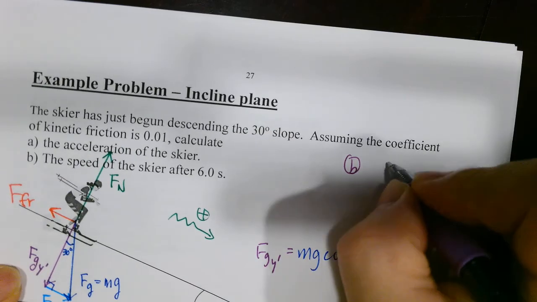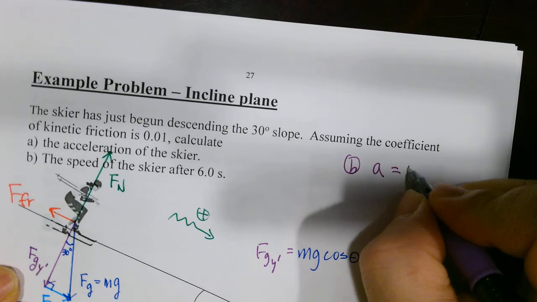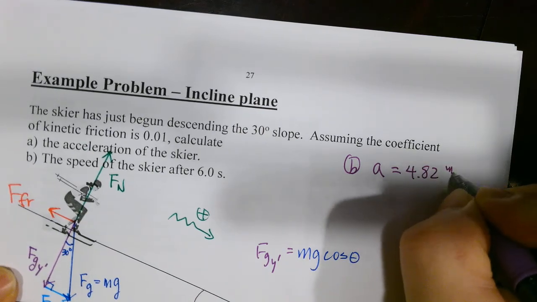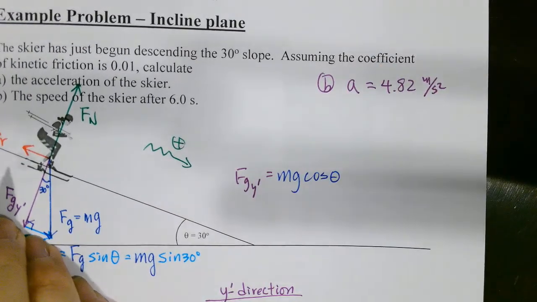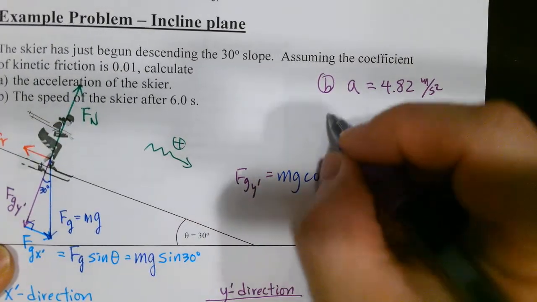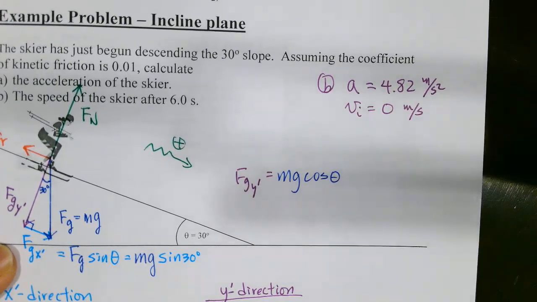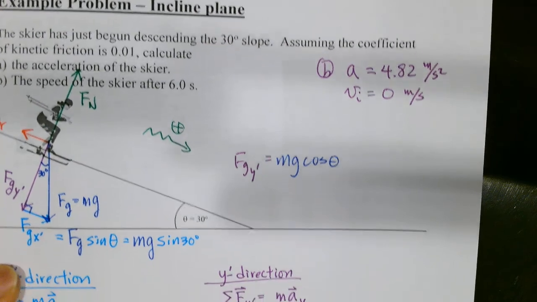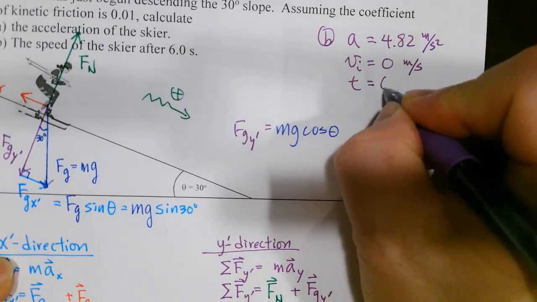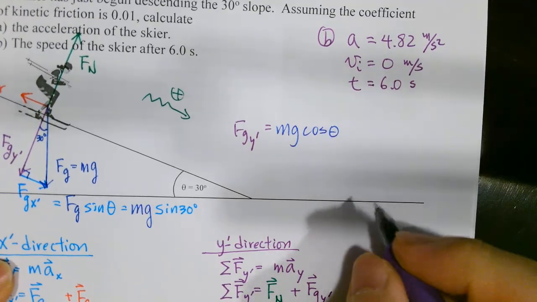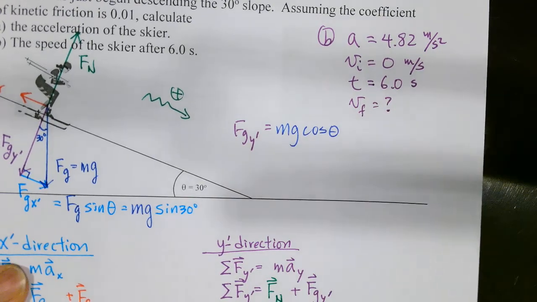We know the acceleration of the skier is 4.82 meters per second squared. We know the skier just began, so initial velocity is 0. And the time that we have is equal to 6 seconds. They want to know how fast the skier is going after 6 seconds.